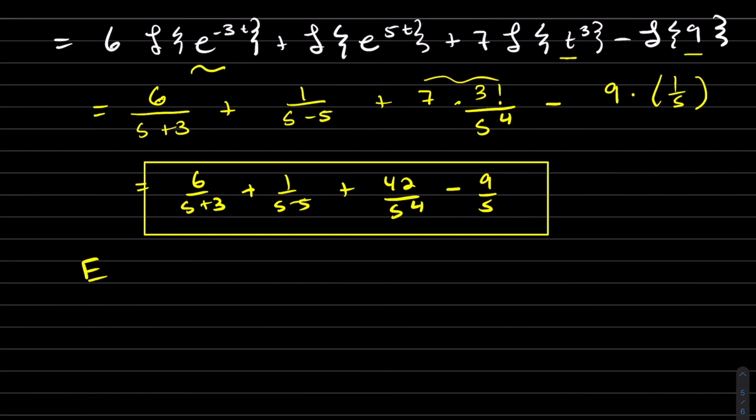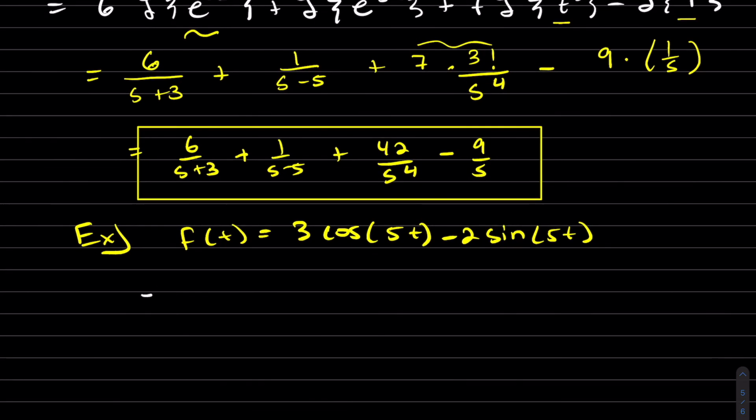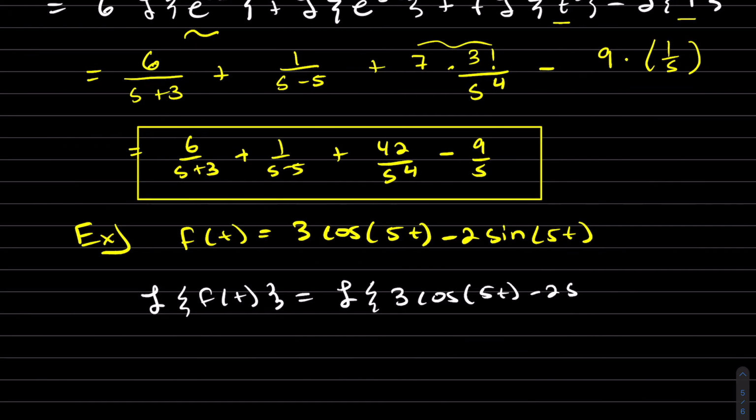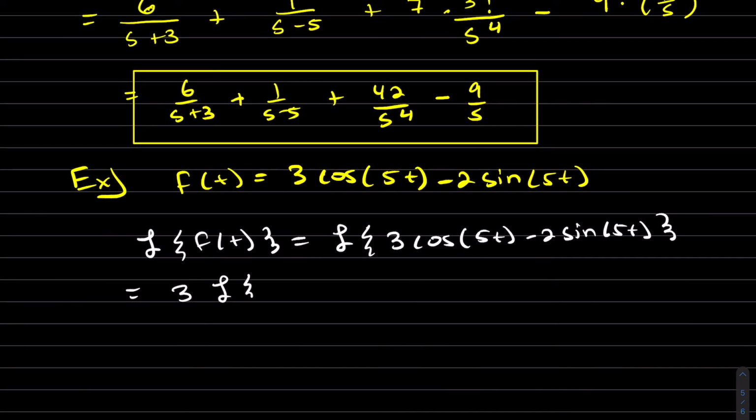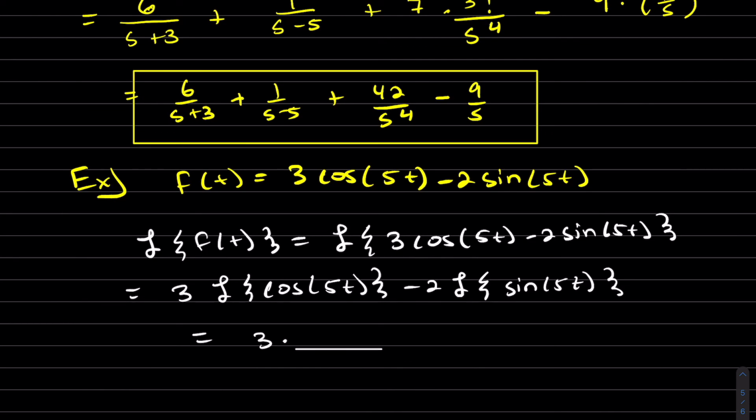Another example. So we want to find the Laplace of f of t. So it's basically going to be s squared plus 25.